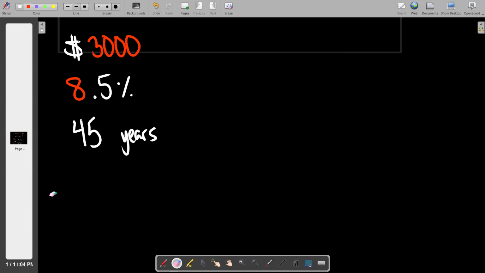So let's say you find a way to invest your $3,000, you get a return of 8.5% interest, and you still keep it in there for 45 years, but you're going to get your interest returned quarterly. And what that means is now I'm not just getting interest once a year.